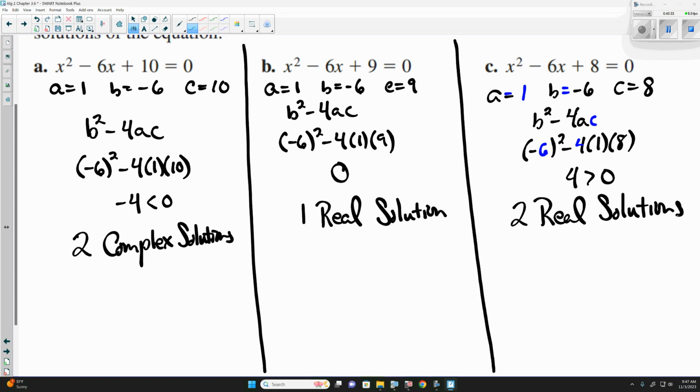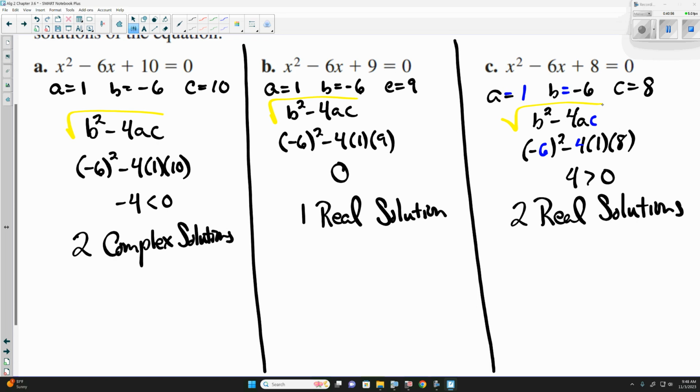And the main way that we can tell this from one to the next on all 3 is because, when we plug this into the formula, we're taking the square root of it, because it's negative b plus or minus the square root of b squared minus 4ac. If what's inside the radical is negative, square root of a negative is going to give us i.